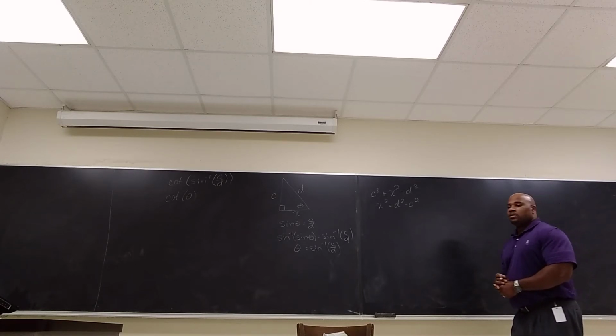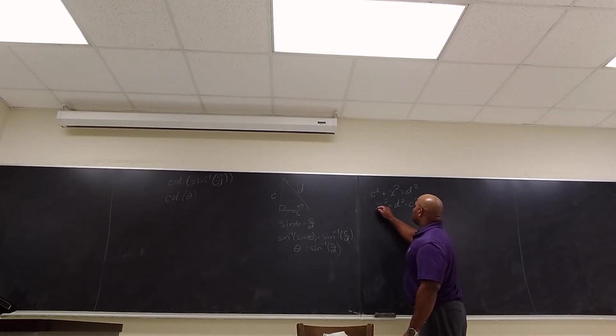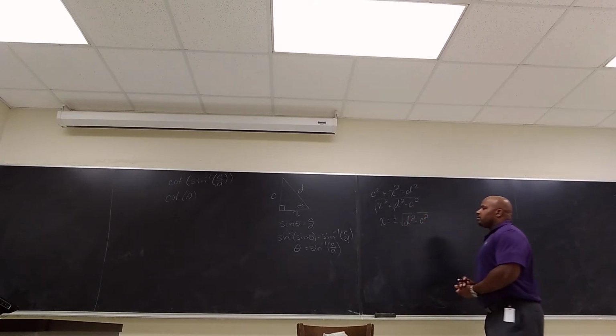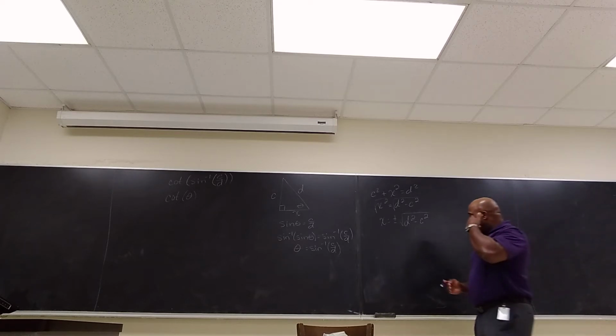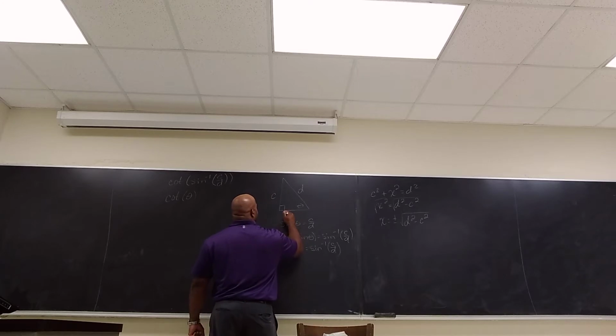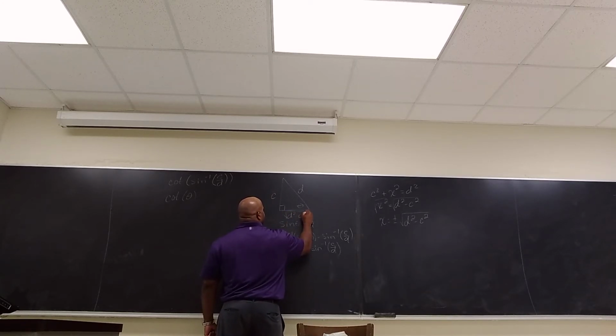And then next, I want to take the square root. So x is equal to, technically, plus or minus square root of d squared minus c squared. Okay? But for this instance, we're just going to use positive. Determine if it needs to be positive or negative. So square root of d squared minus c squared.